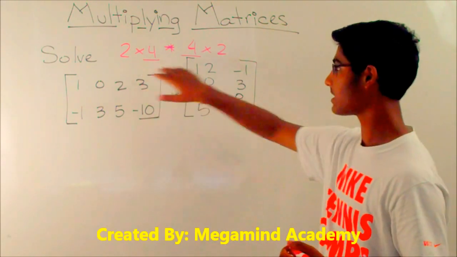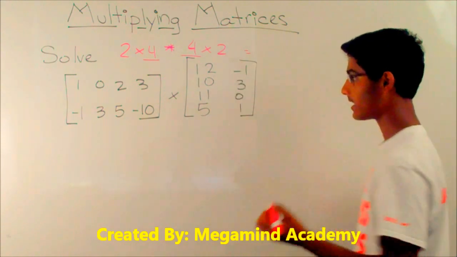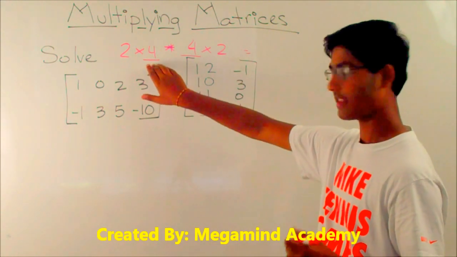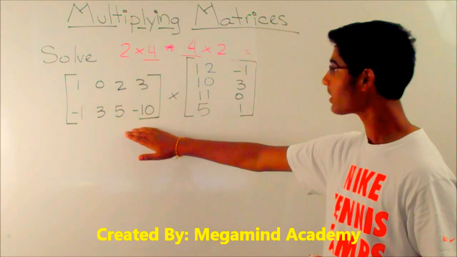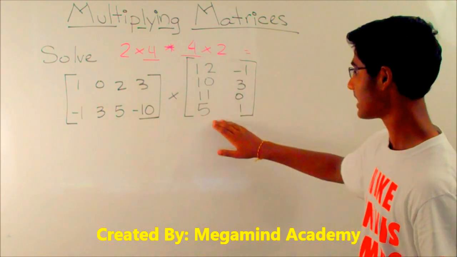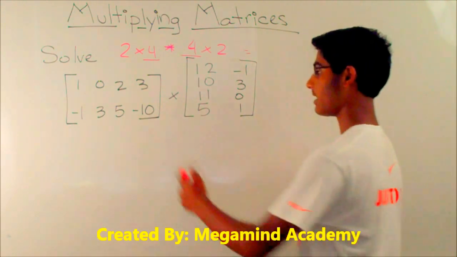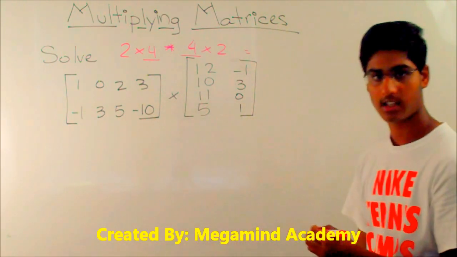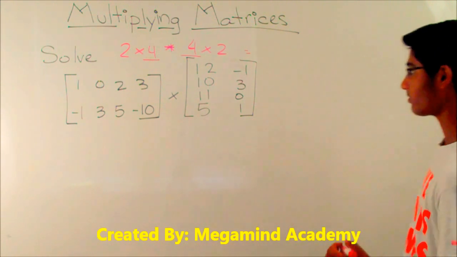Basically, the number of columns in the first matrix must be equal to the number of rows in the second matrix.